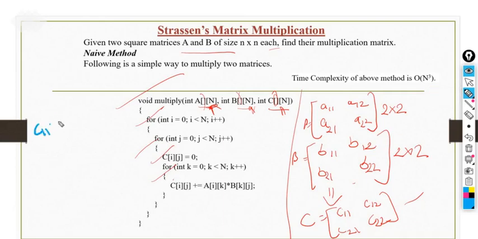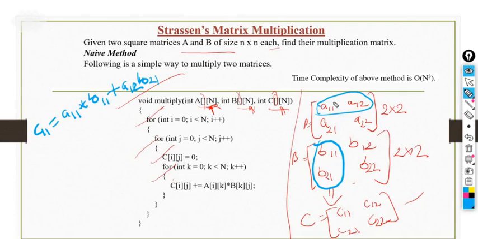C11 will be equal to what? C11 equals A11 multiplied by B11 plus A12 B21. So the first row and the second matrix's column, in that manner we have to multiply, right? Yes, simple multiplication, all of you know.